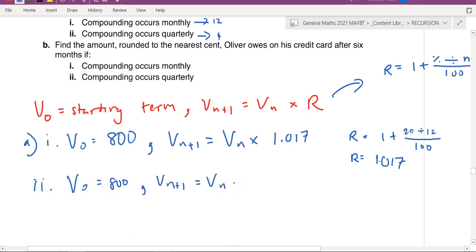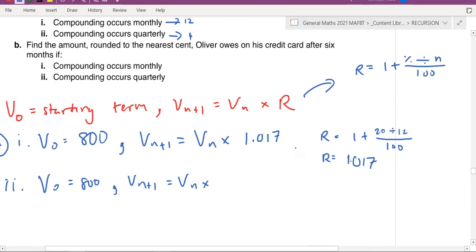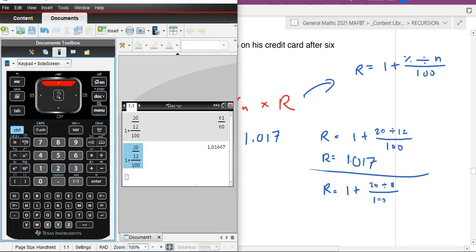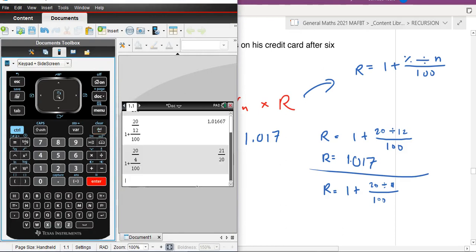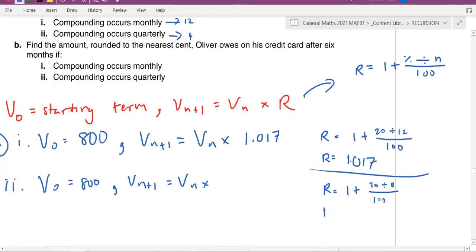So it's Vn times R, so let me just put a line here. 1 plus 20%, still, divided by, instead of 12, it's quarterly, so 4, divided by 100. On my CAS, I just use the same one, but instead of 12, it's going to be 4. So Control Enter, and that equals 1.05.